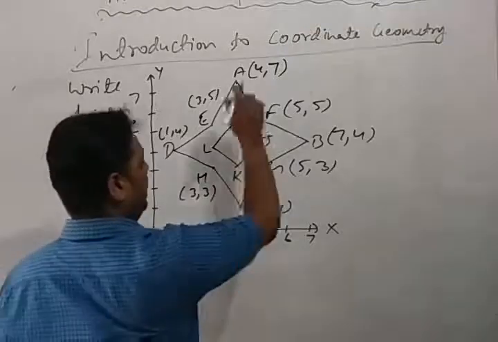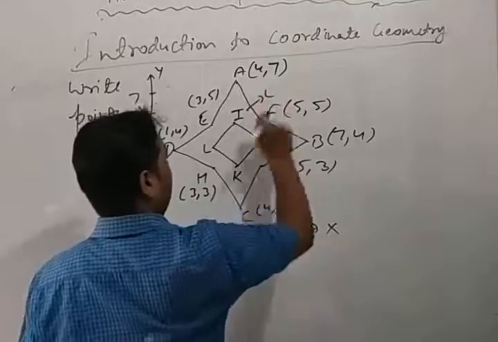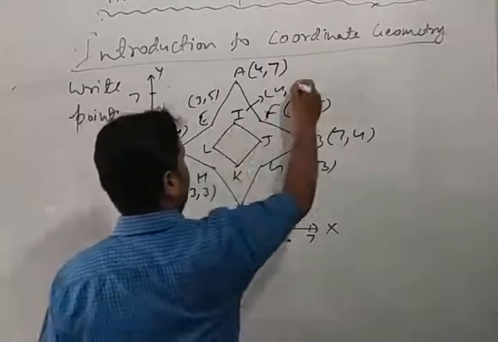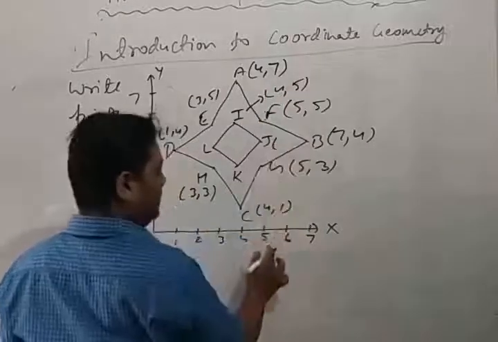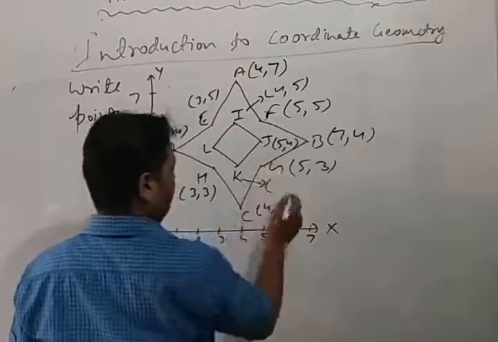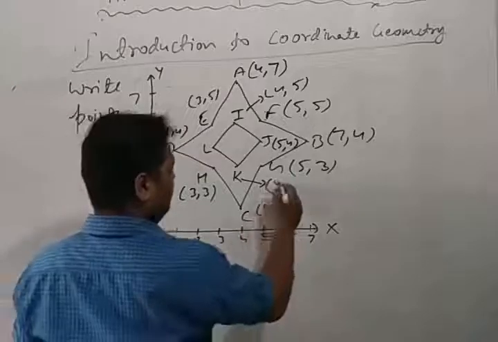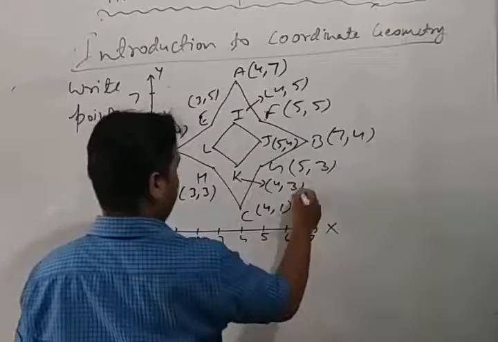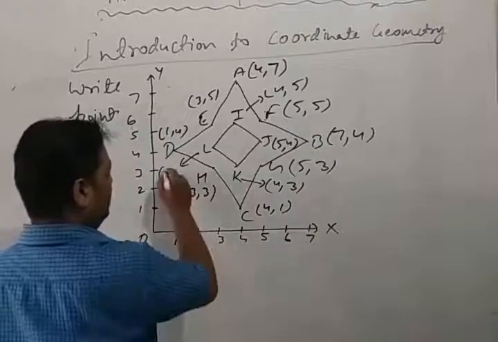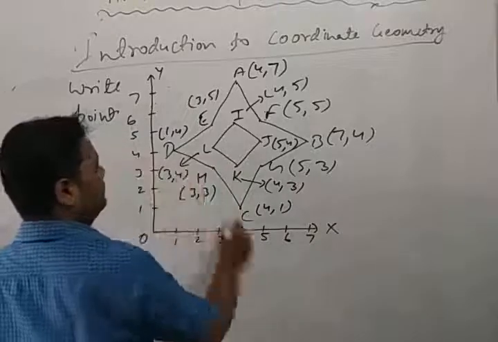Now I, x-axis 4, y-axis 5. J, x-axis 5, y-axis 4. K, x-axis 4, y-axis 3. L, x-axis 3 and y-axis 2.